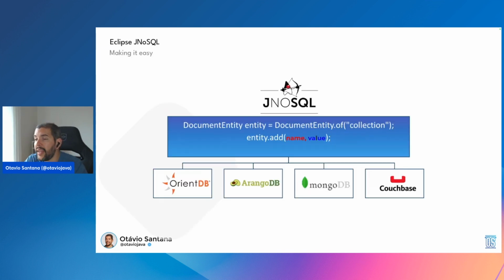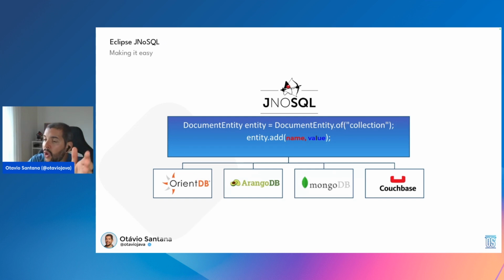And that's why Eclipse JNoSQL was born, to simplify that communication. From now on, instead of needing to remember or memorize different classes for the same goal, I need to do it once.